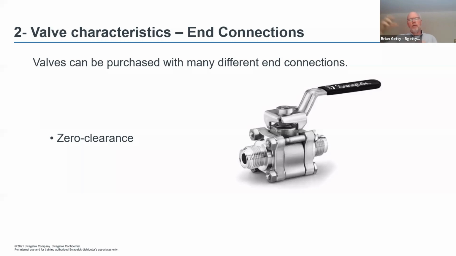And the more you have to remove, the more time is required, and therefore more cost of maintenance. With a zero clearance fitting, it's simply the nuts that back up, and at that point the valve simply slides out of place. Real easy system to use.